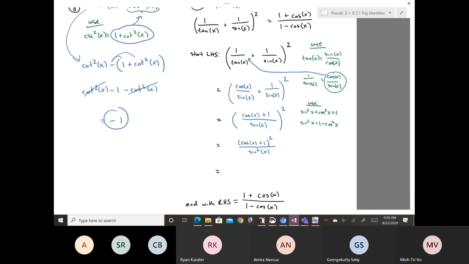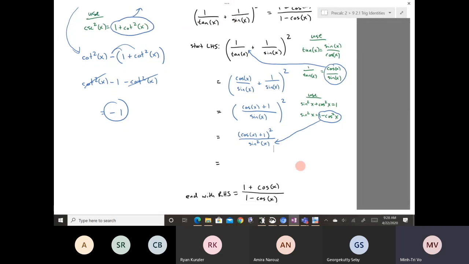So this is going into here. So what do I have? So cosine x plus 1 squared over 1 minus cosine squared x.